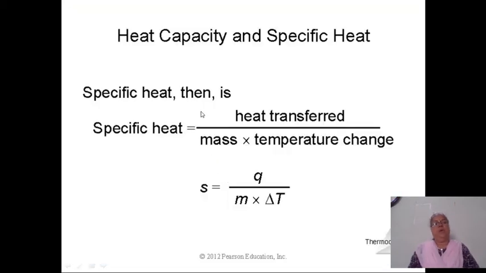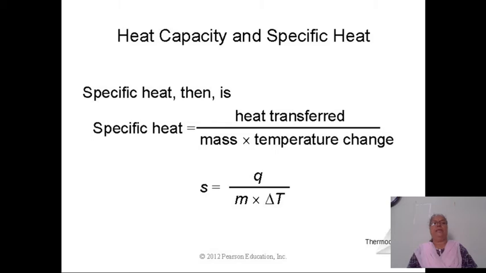Then all of you know the heat capacity and specific heat. Heat capacity is the heat required to increase the temperature of 1 gram or 1 mole through 1 degree centigrade.